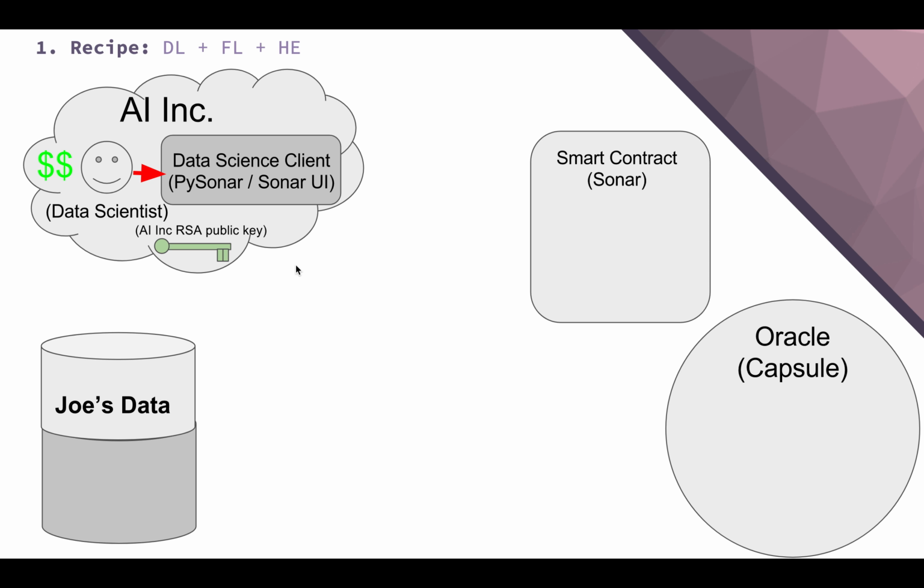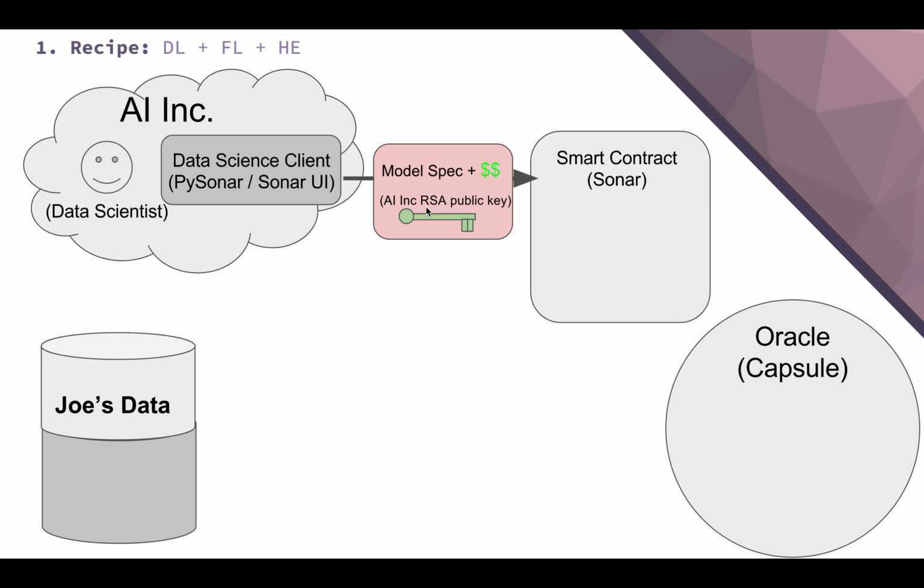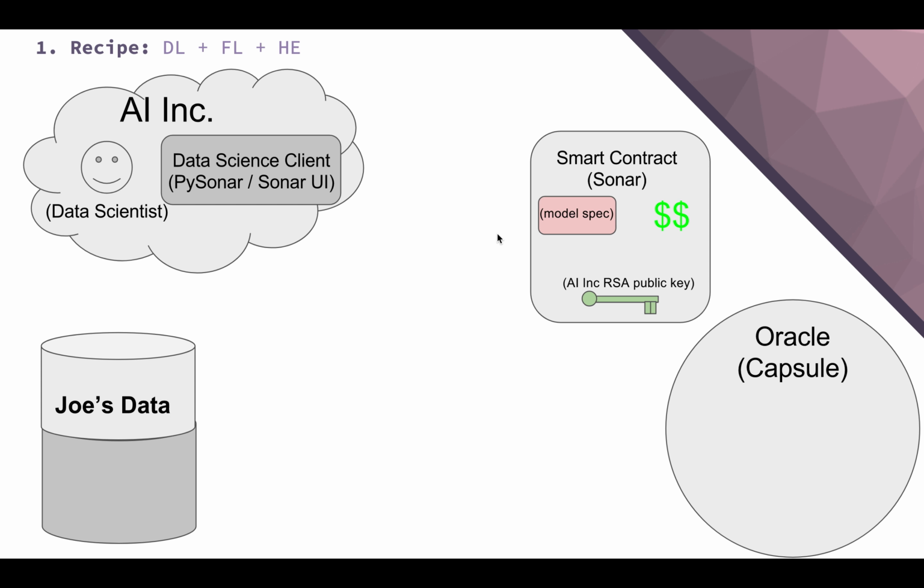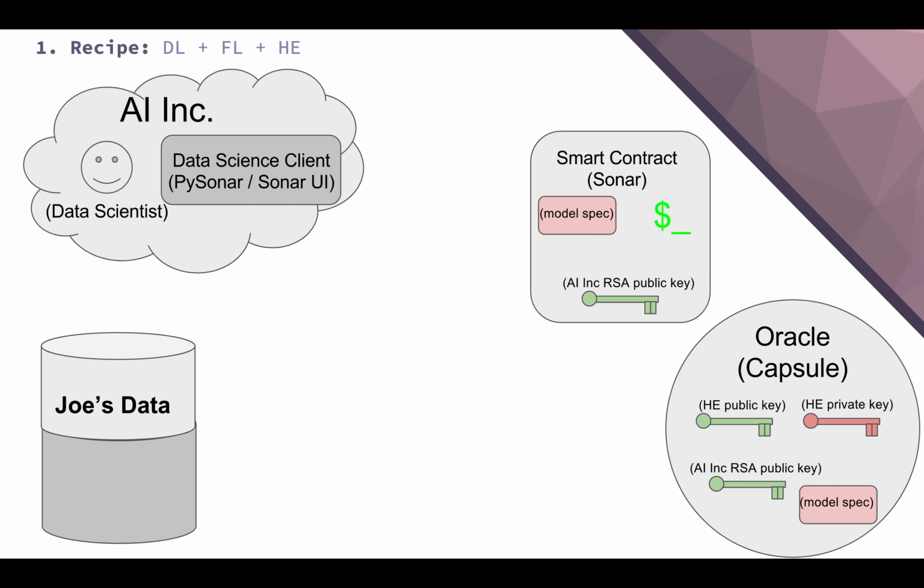So let's step through this workflow now. Same thing, model specifications are sent over to the smart contract with a little bit of cryptocurrency and now the RSA public key. So these three items are now written to the smart contract, and now they are pushed over to the Oracle capsule. So the Oracle capsule has the model specification and the AI Inc.'s public key.